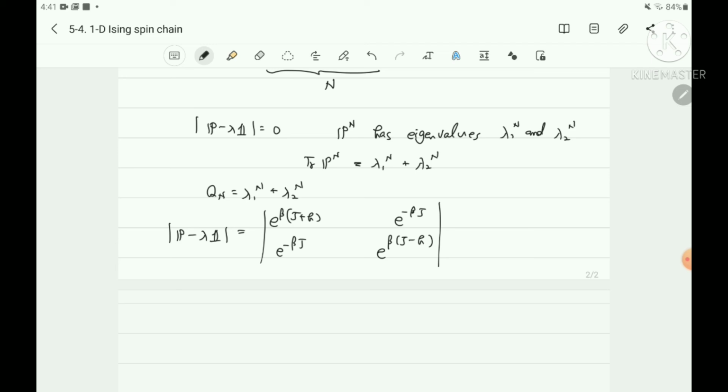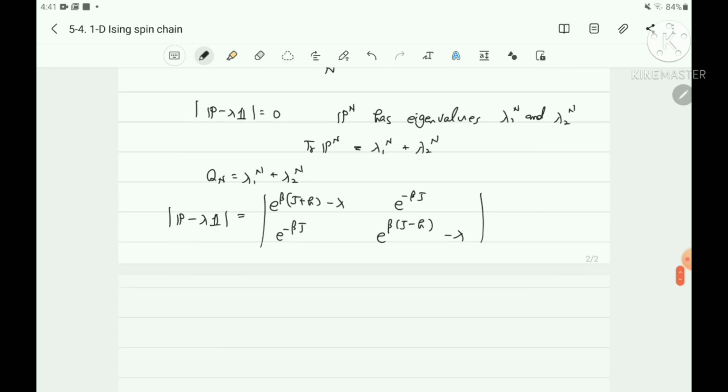I'm sorry, the eigenvalue problem is P minus lambda in the determinant. We should consider the determinant.